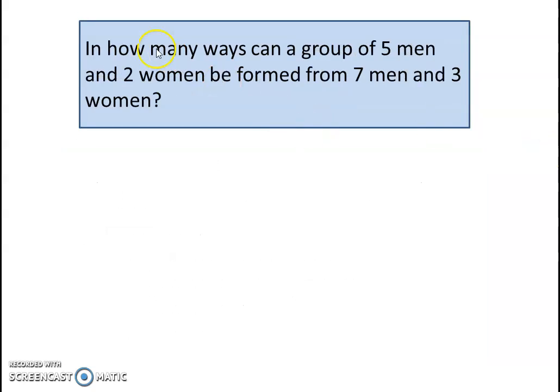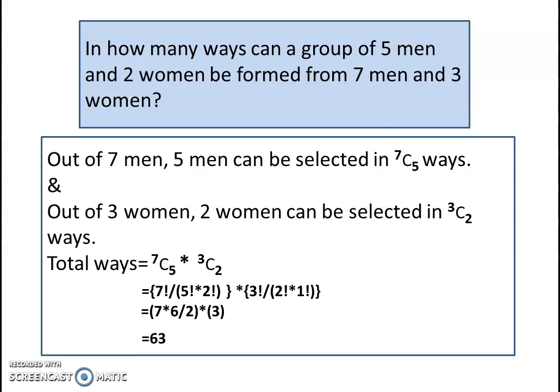Next question we have is, in how many ways can a group of 5 men and 2 women be formed from 7 men and 3 women? So here we are selecting 5 men out of 7 and 2 women out of 3, right? Here we have 7 men, we are selecting 5.